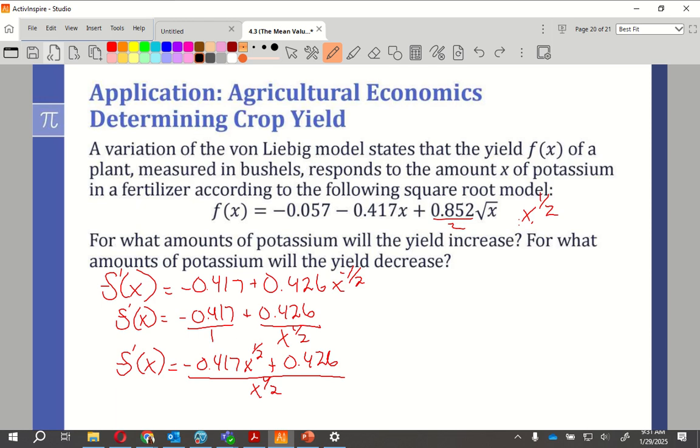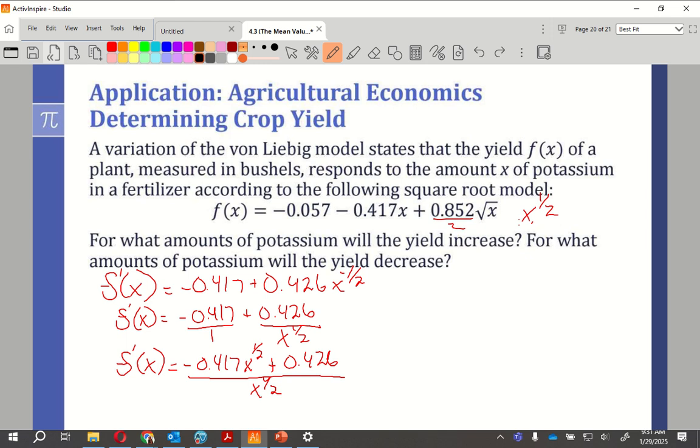Going back to the problem. Amounts of potassium. So, in the fertilizer, measured bushel responds to x potassium of fertilizer. So, that's how much potassium we need to actually add for each. And so that's going to be my critical point where it's going to be equal to 0.